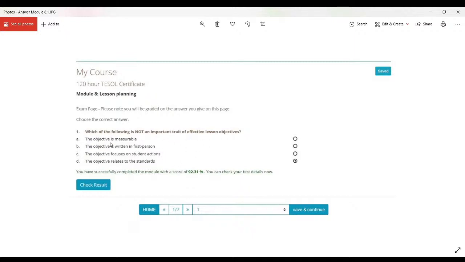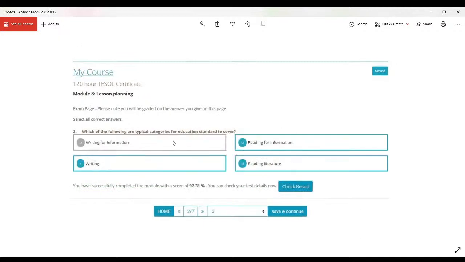Alright, the objective is measurable, it's written in first person, and focuses on students' actions. Alright, so the question here, kaya minsan tricky din yung question, ano? Kaya dapat talaga binabasa natin. Sabi dito, not. Alright, so the answer is D, relates to the standards. Save and continue.